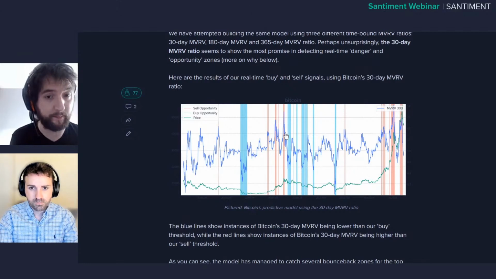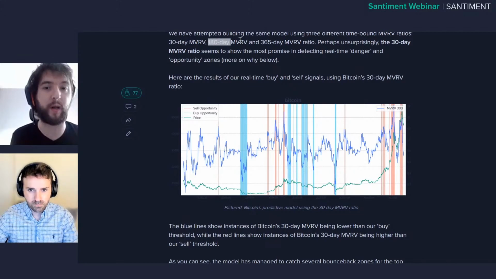With that out of the way, these are some early results. We've developed 3 real-time models for MVRV. We used the 30-day MVRV ratio, the 180-day MVRV ratio, and the 365-day MVRV ratio, basically short-term, mid-term, and long-term holders for particular coins.